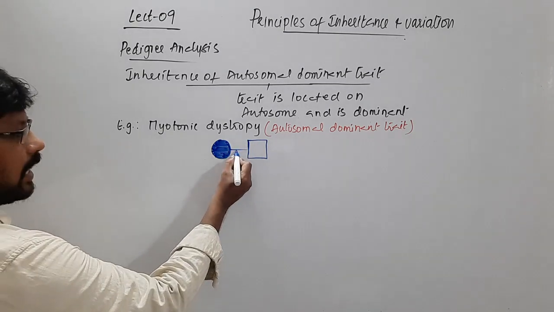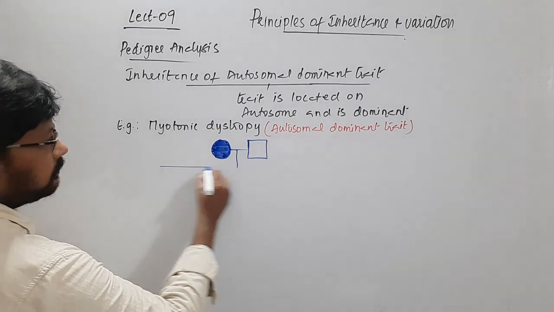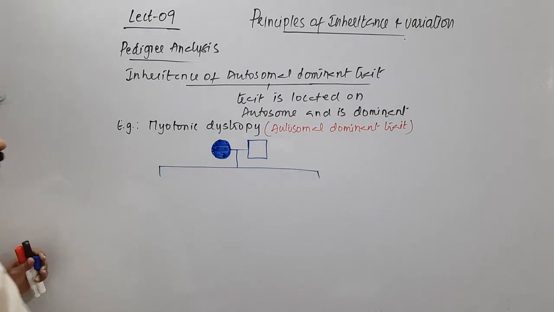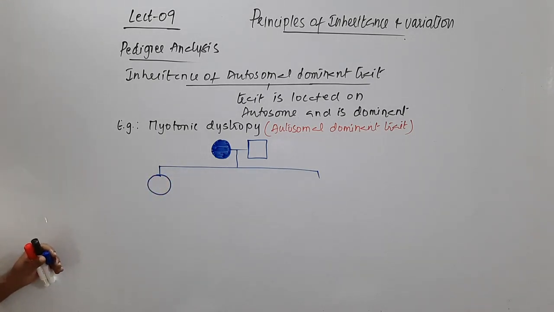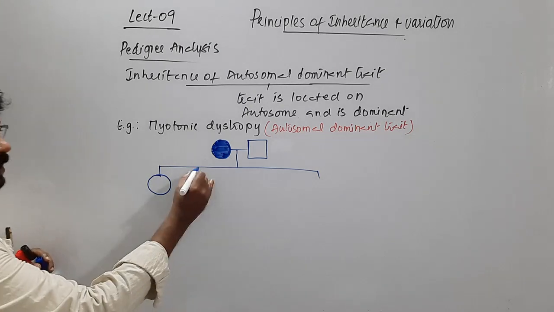Now they have 4 children, and the first one is a daughter. The first daughter is normal.